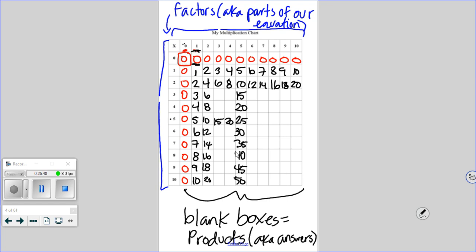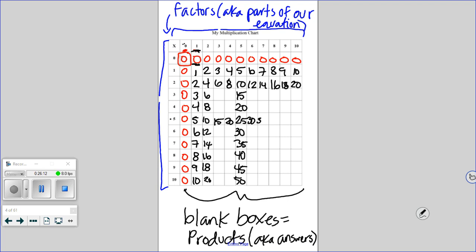Mason, what's 5 times 6? Or sorry, 6 times 5. 30. Very good. Riley, what's 7 times 5? 35.